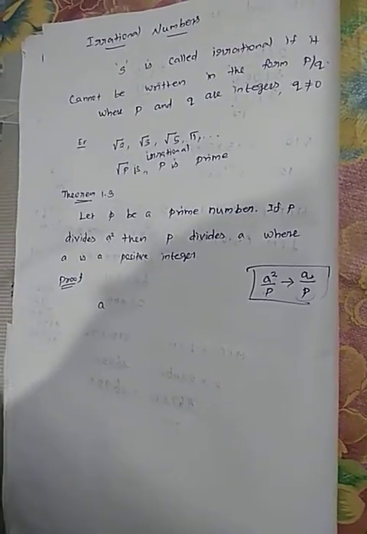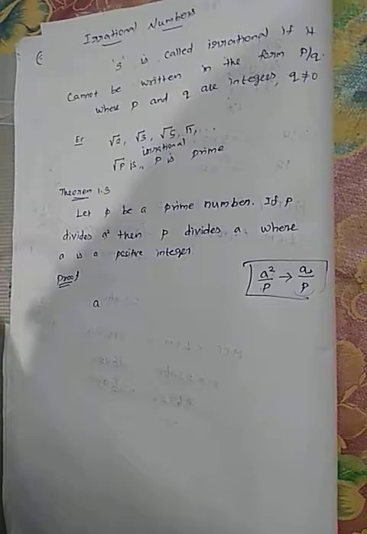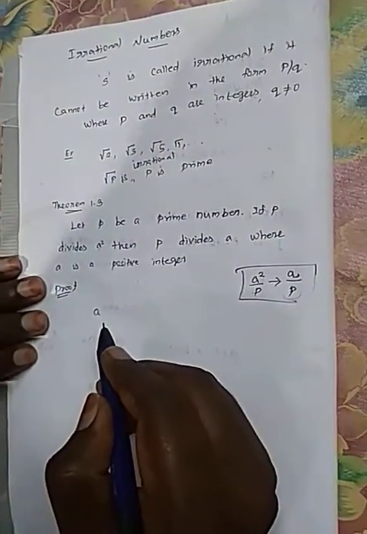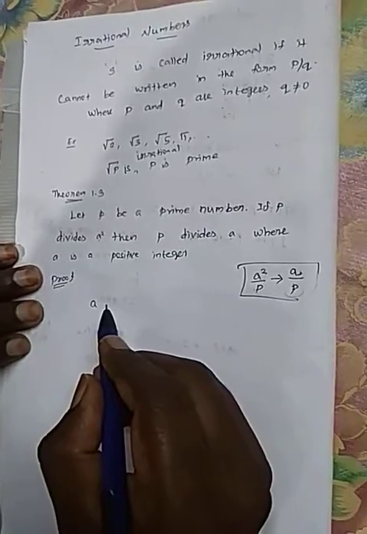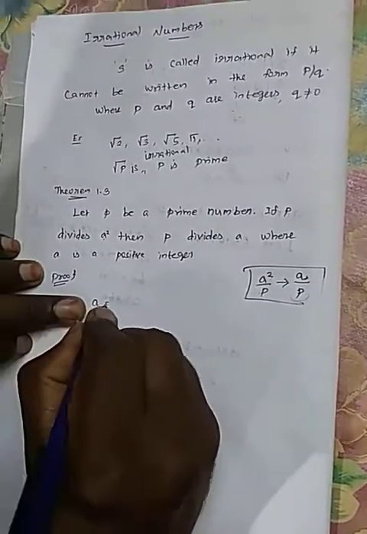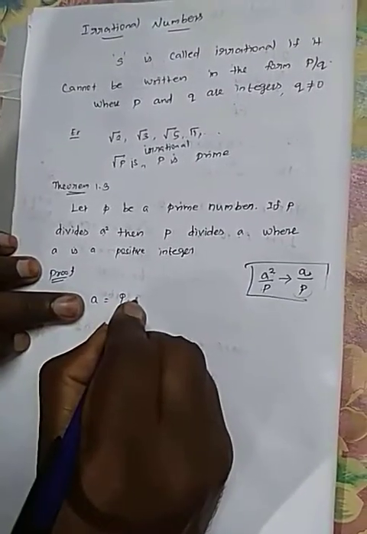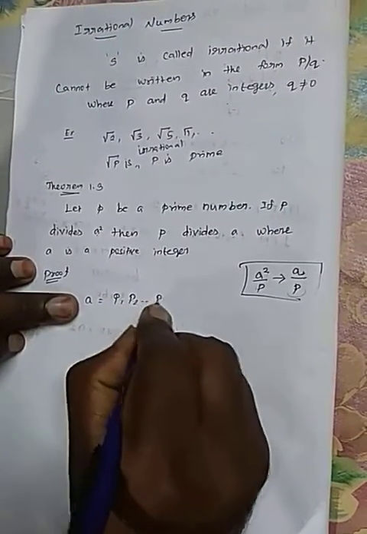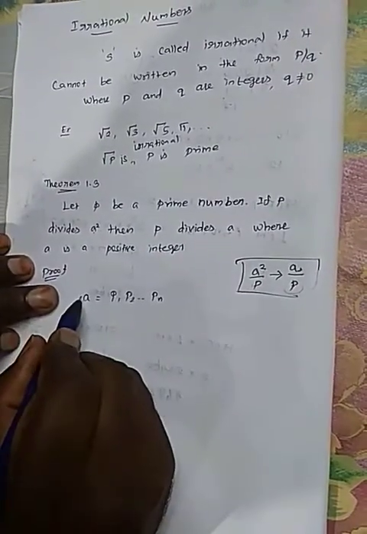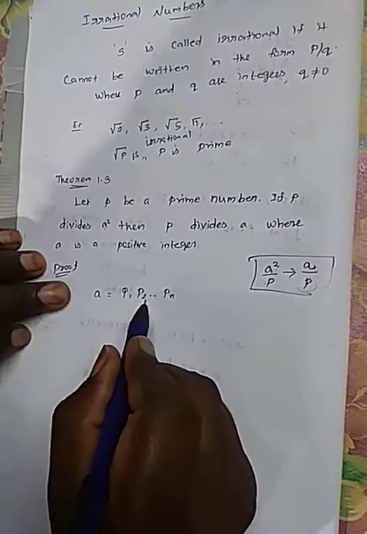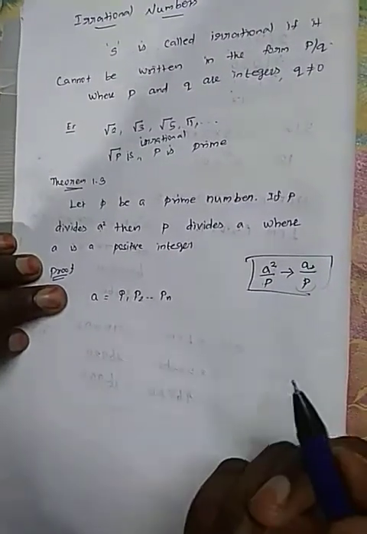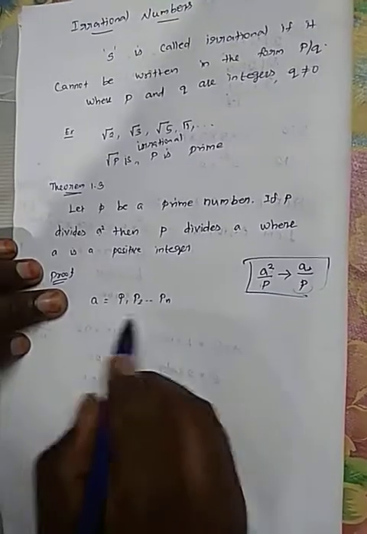Fundamental theorem of arithmetic, already explained: any composite number can be expressed as a product of prime numbers. So a is any one number, and we can write it as p1, p2 up to pn, where p means a prime number. So it is one integer, a multiple product of prime numbers, at least two, maximum we don't know.